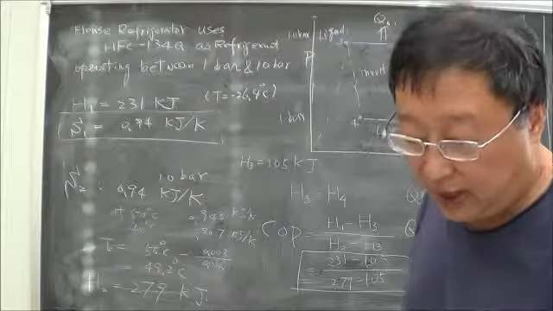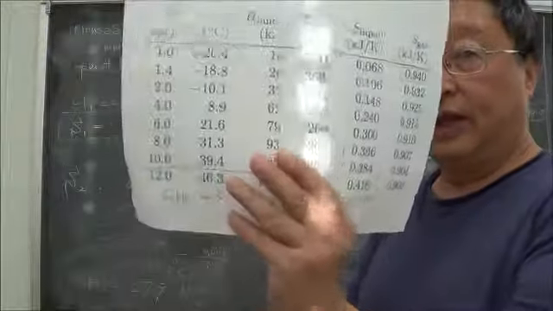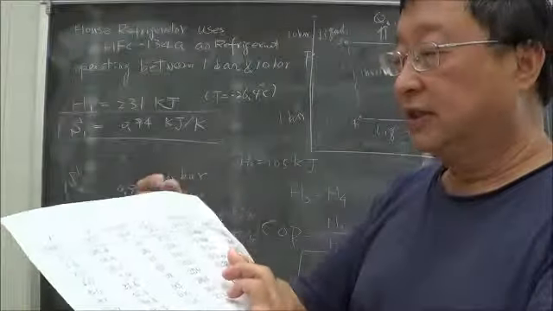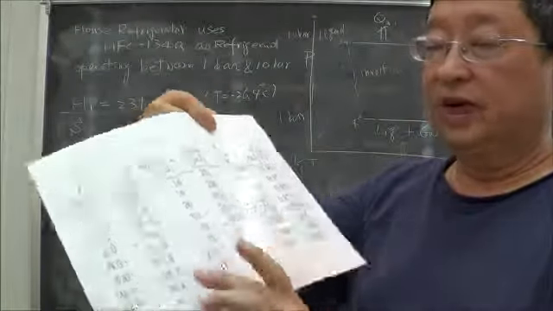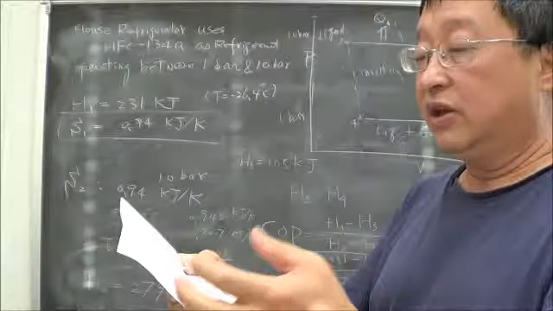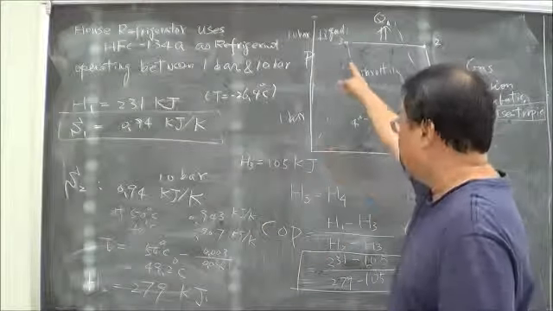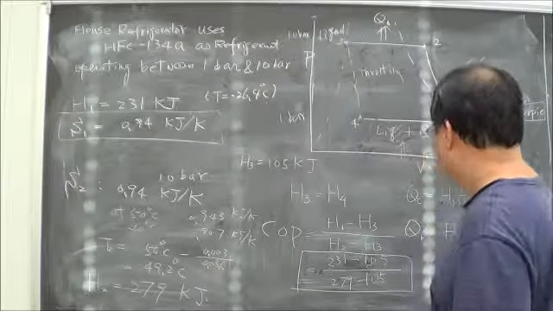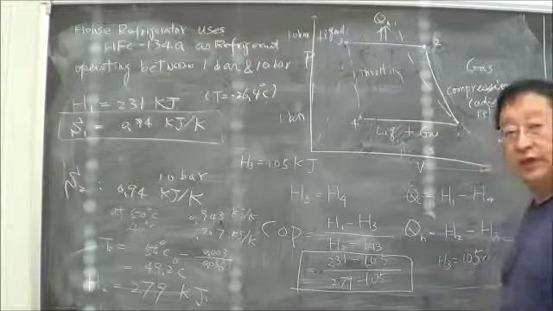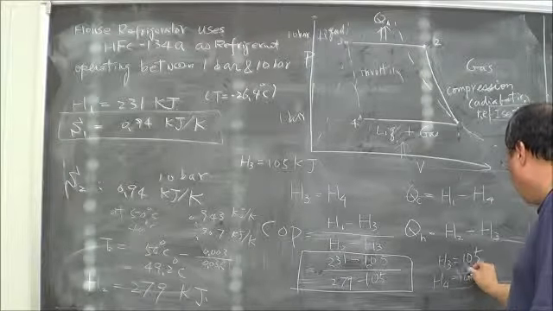If you want to do that, you can go to this table at 1 bar. You know the enthalpy of the gas, the enthalpy of the liquid, and you know you need the enthalpy to remain the same. So from 3 to 4 needs to be the same.